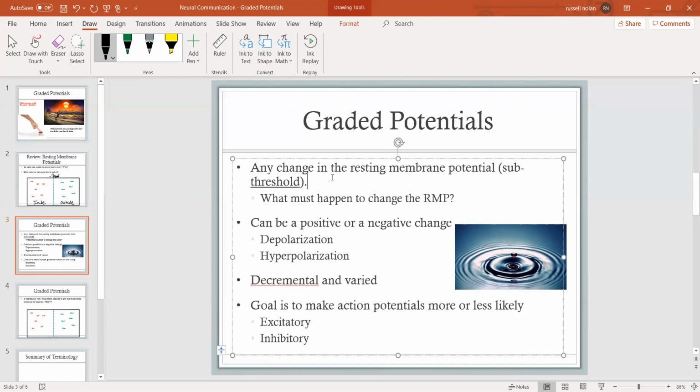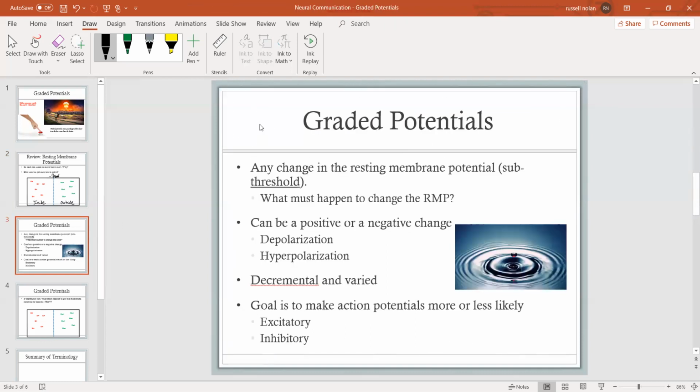If it's in the negative direction, as in away from 0, or specifically away from threshold, away from action potentials, then that's called a hyperpolarization. To put this another way, a depolarizing graded potential makes reaching threshold more likely, and a hyperpolarization moves you further from threshold and makes an action potential less likely.